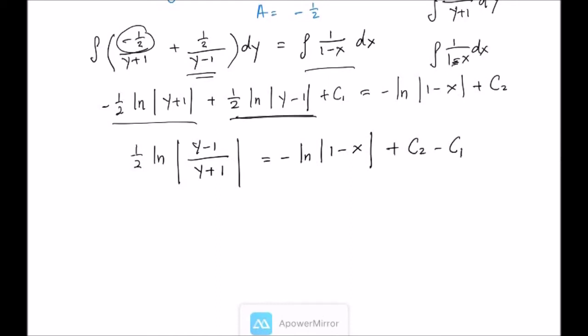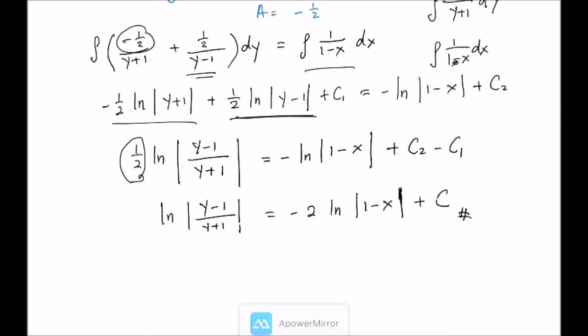Then you bring the half to the right hand side. So you get ln of y minus 1 over y plus 1 equal to -2 ln 1 minus x plus c. Okay, you understand now, class?